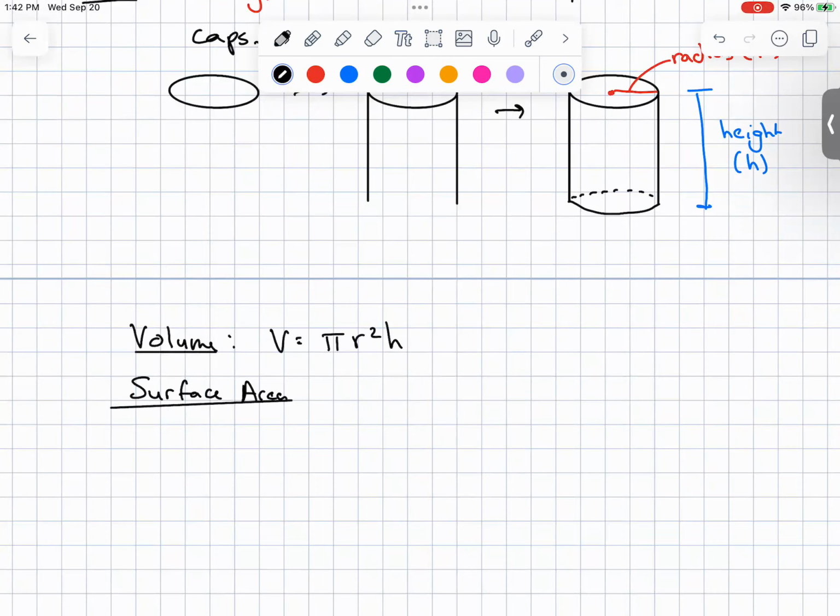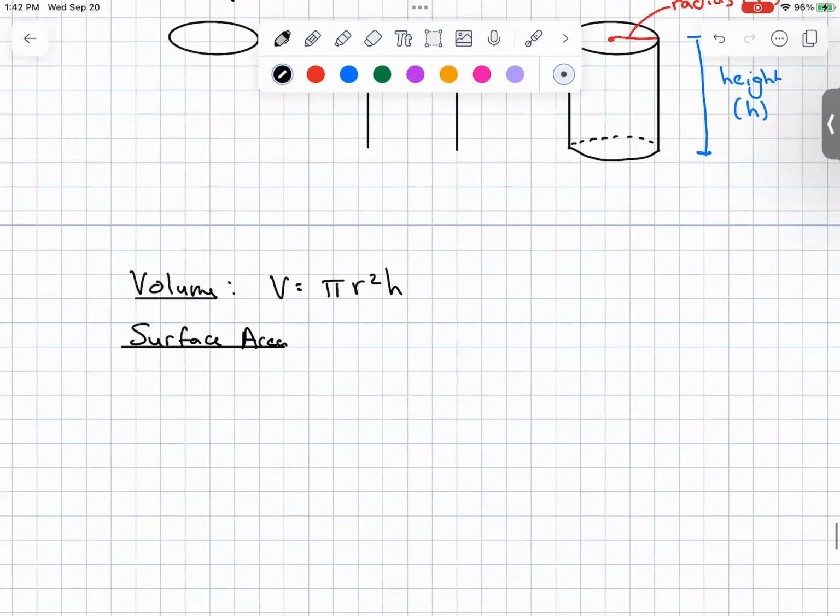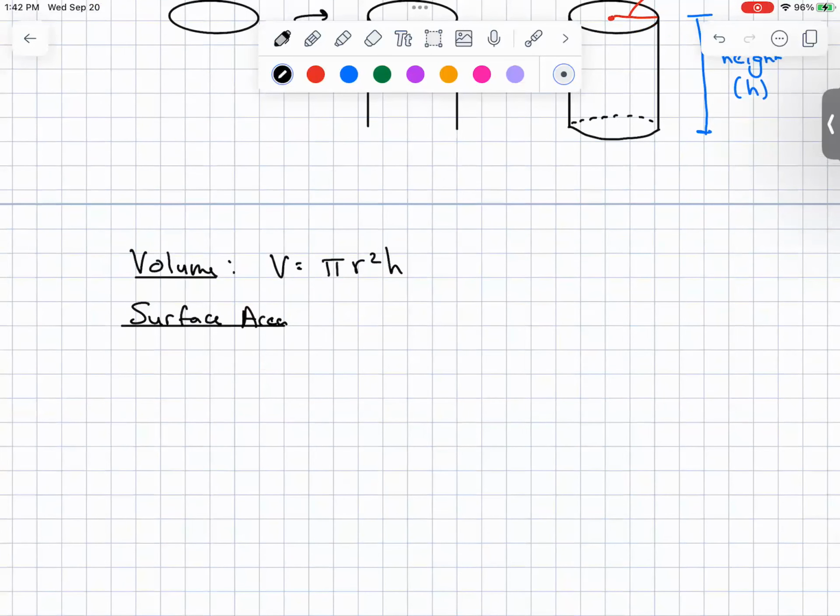Would you guys like to see the reasoning or just want the answer? The reasoning, absolutely. So the surface area formula is that S is equal to 2 pi R squared plus 2 pi RH.